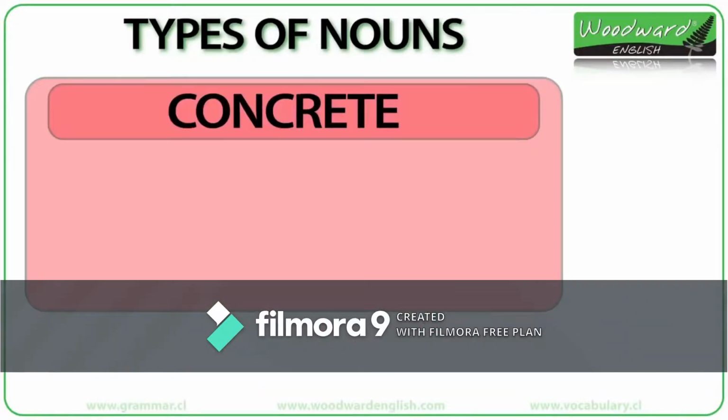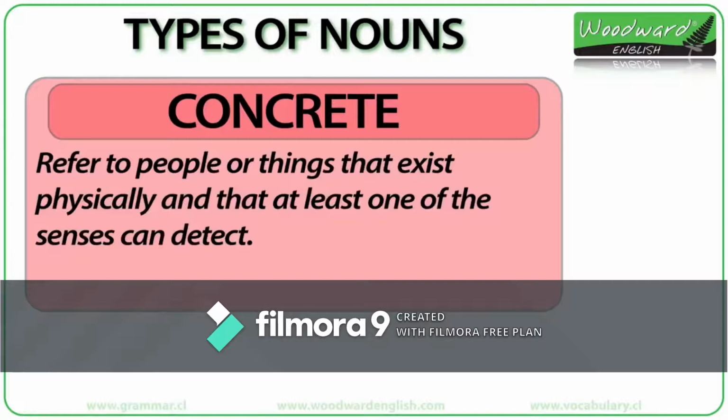Concrete nouns. Concrete nouns, sometimes known as material nouns, are nouns that refer to people or things that exist physically and that at least one of the senses can detect. This means you can see, touch, hear, smell, or taste it.